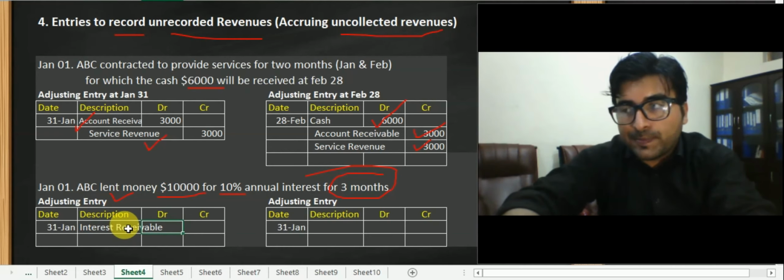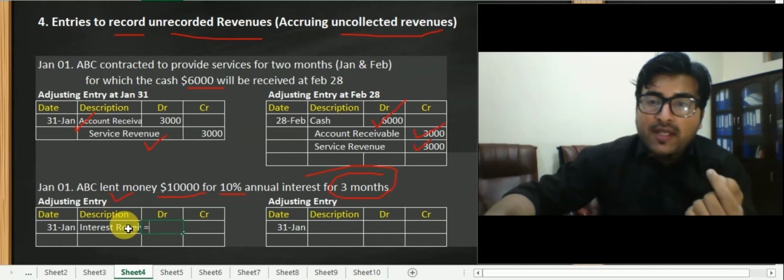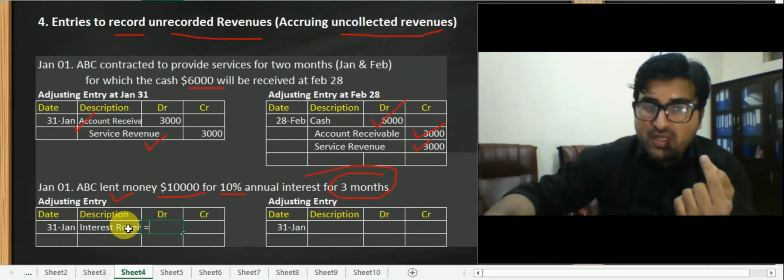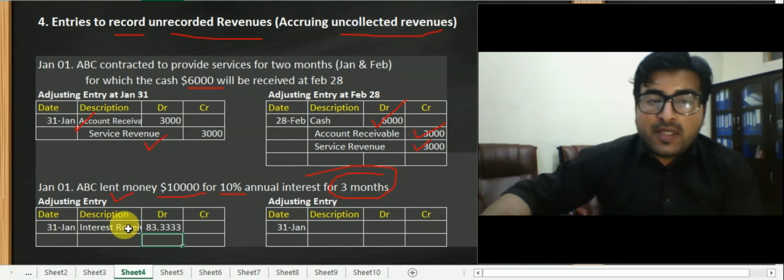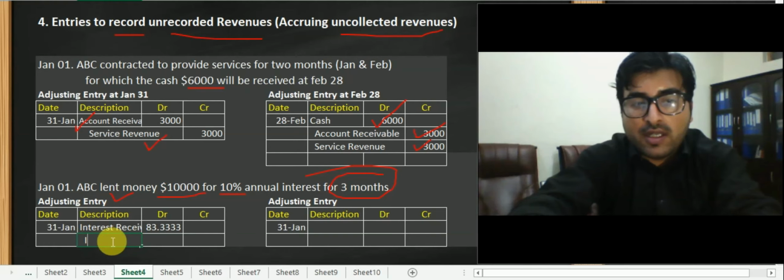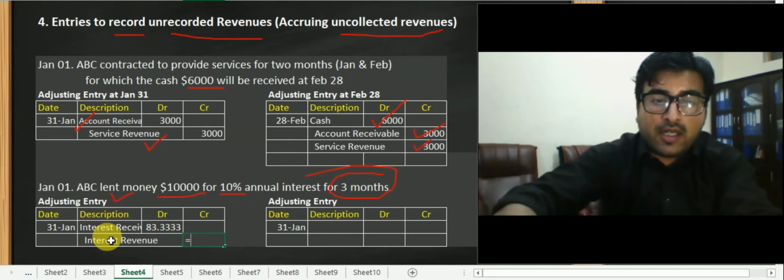How much? Easy, same. And $10,000 for 1 year, the interest is 1,000. And for 1 month, 1,000 divided by 12. It's mean 83.33. And then you have to credit what? Interest revenue.